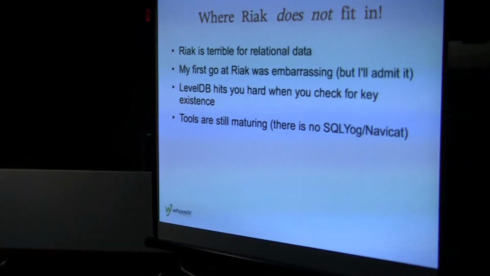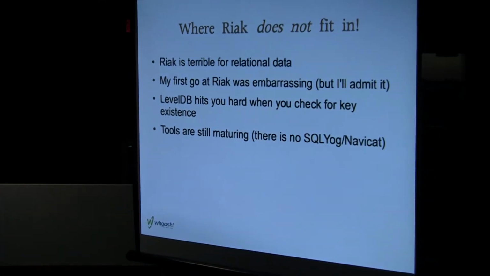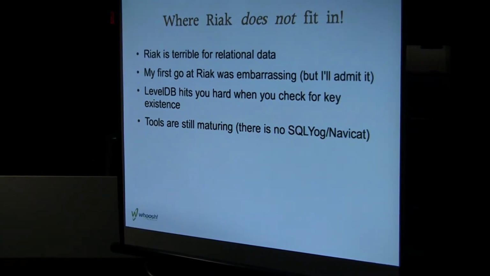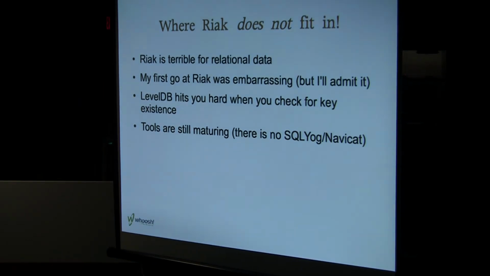One little gotcha with LevelDB that I found out along the way was that if you try to get a key that doesn't exist in LevelDB, you get smacked really hard in the face with disk seeks. Because LevelDB is leveled, it will seek through all of the levels to find the key, which takes a lot of time. It really slows down that operation badly.